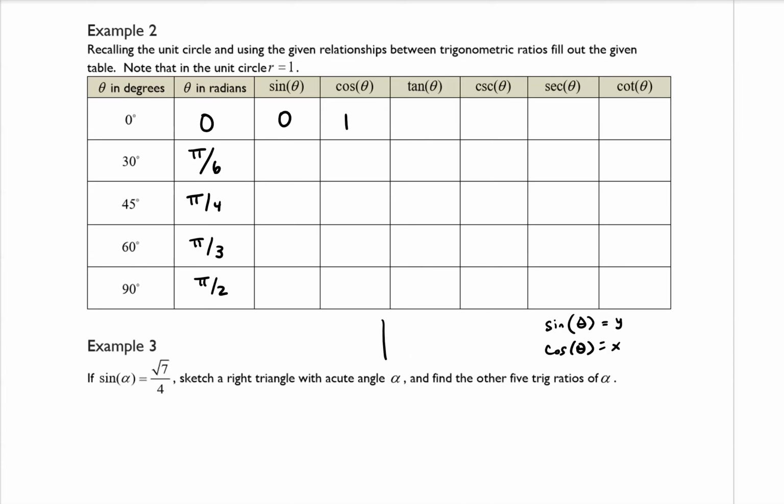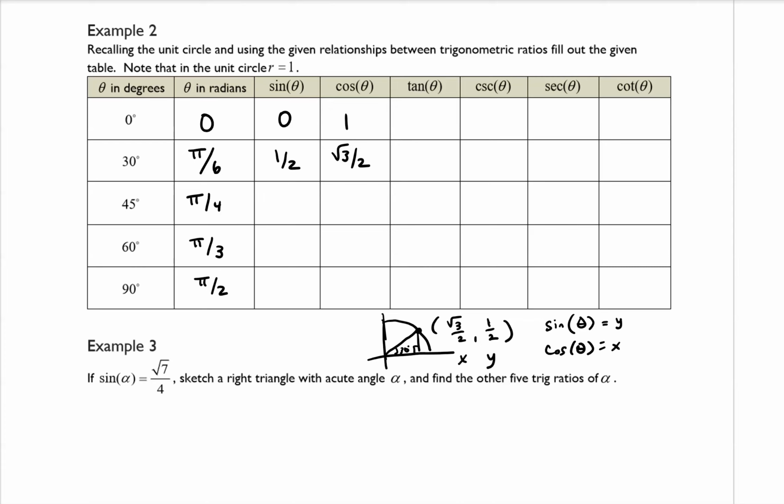Then again, thinking about the unit circle, and 30 degrees being somewhere like right here, the terminal point there was (root 3 over 2, 1/2). And so that's the x value, that's the y value. So sine of 30 degrees is going to equal 1/2, and cosine of 30 degrees is going to be root 3 over 2.